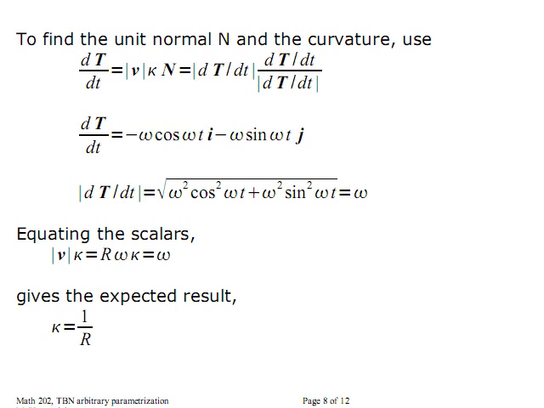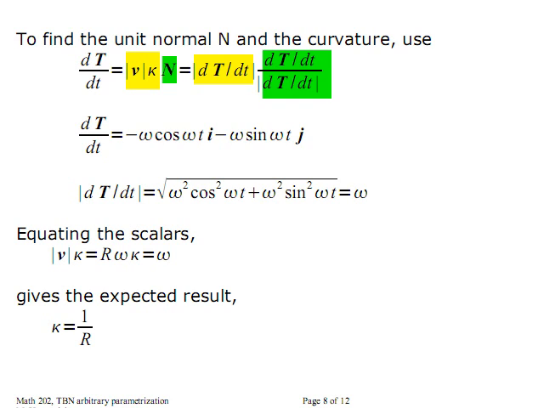Okay, here are the scalars multiplying the vector, and if I write this derivative as a magnitude multiplying a unit vector, that unit vector is the normal, and we can use the magnitude to find kappa.